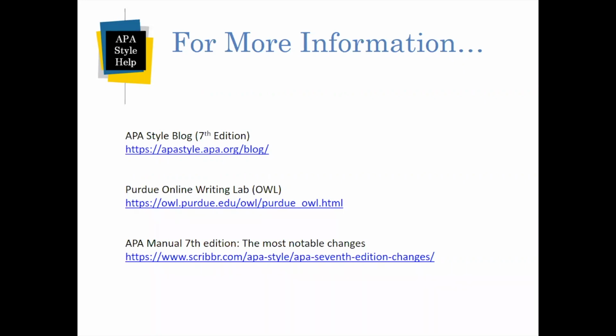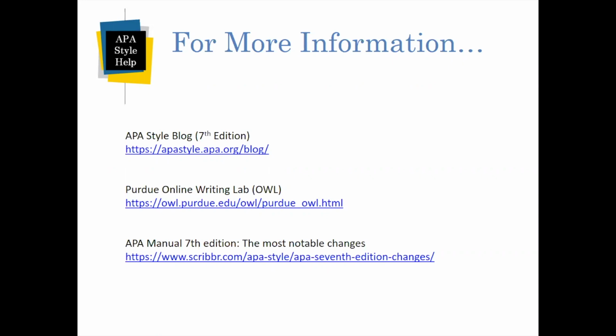That is where they tackle questions about APA style that are maybe not answered in the book or that are ambiguous. They always update the blog regularly to have the most up-to-date information for emerging technologies, new social media, and new information sources that maybe didn't exist or weren't as prominent when they published the book, even though it was just published in October. So the APA style blog has been invaluable for us, and we think that it would be useful for you as well.